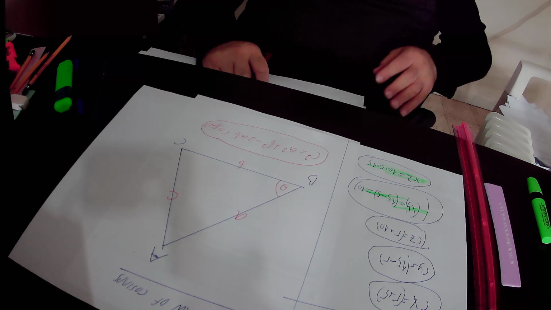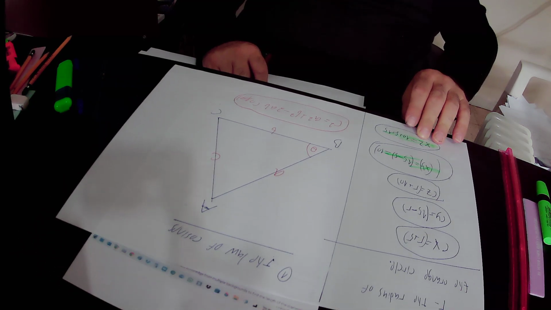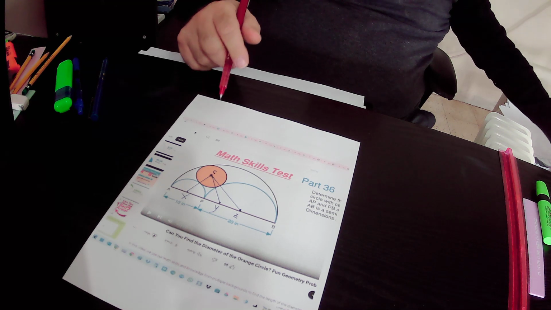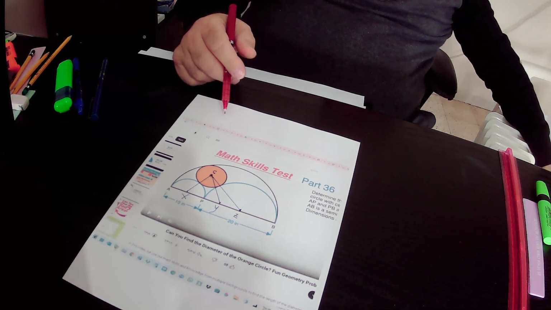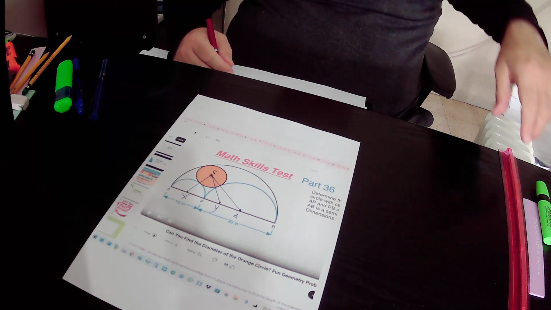Okay, so we will implement this law, the law of cosines, in our triangle XCY or CXY. So I will copy triangle CXY in a new page, and we will implement the law of cosines in this triangle XCY.